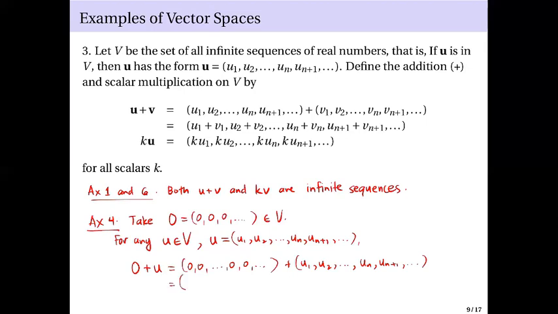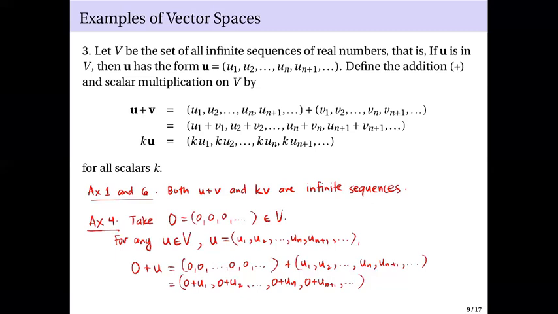So this is 0 plus u1, comma, 0 plus u2, comma, etc., 0 plus un, 0 plus un plus 1, etc. The zeros inside the parentheses are just the real number 0, and u1, u2, etc. are also real numbers, so you just add real numbers.